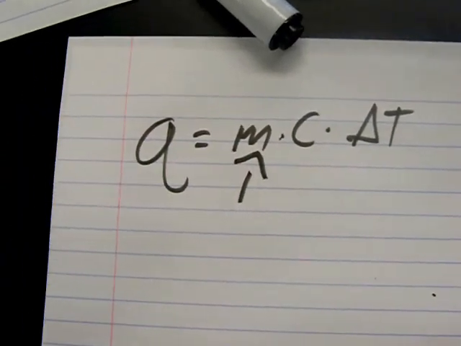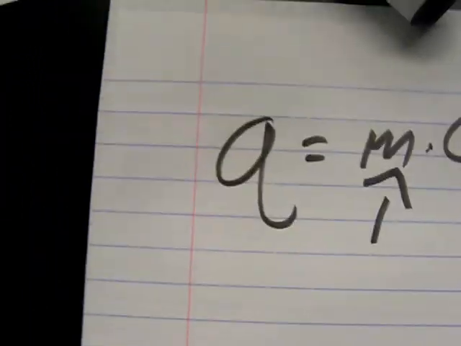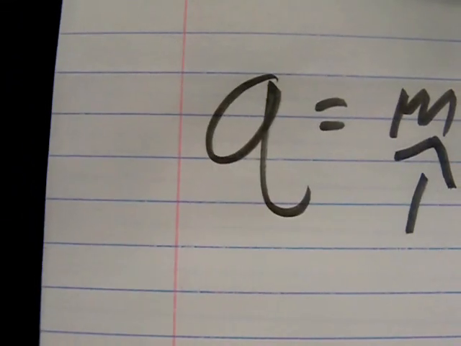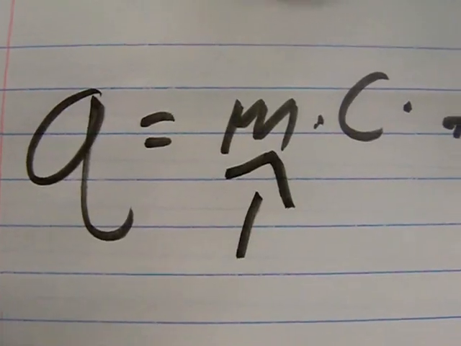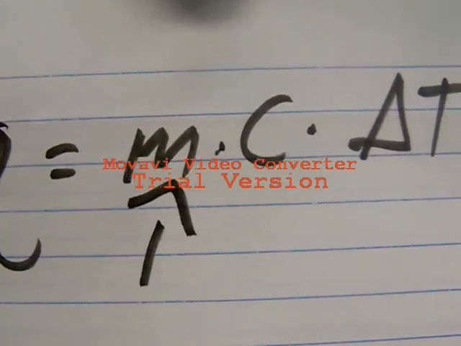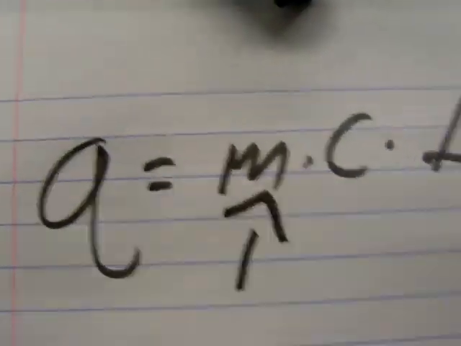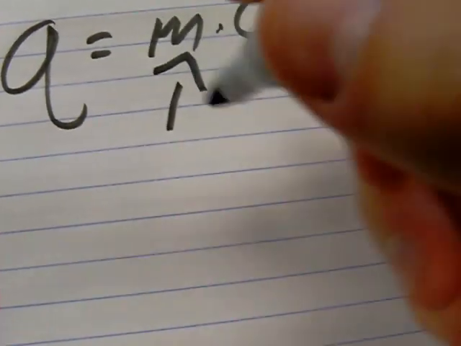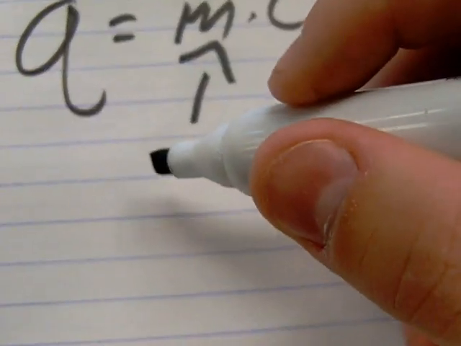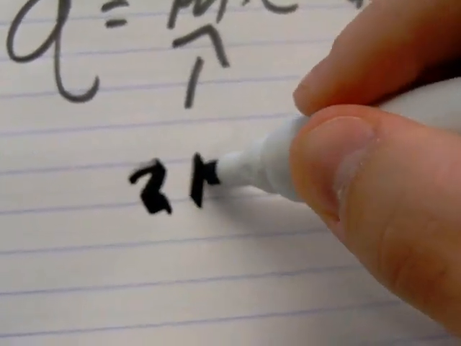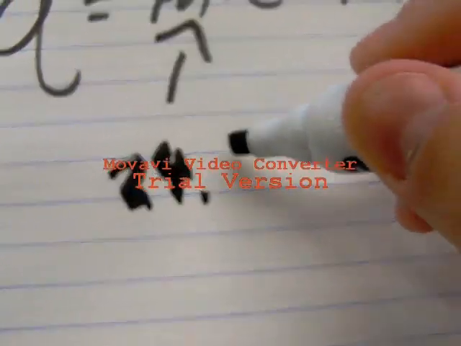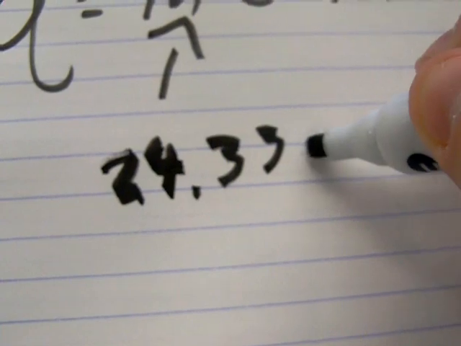And now we go back to our equation. We are going to find the energy gained from the mass of the water times the specific heat of the water times the change in temperature, which we got from burning the candle. So right now, the mass of the water itself was 24.33 grams.